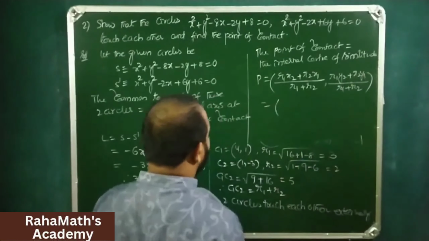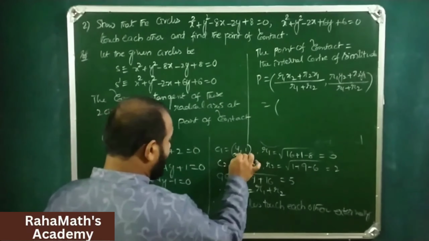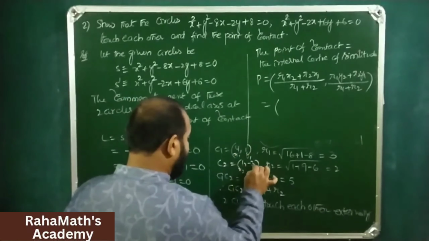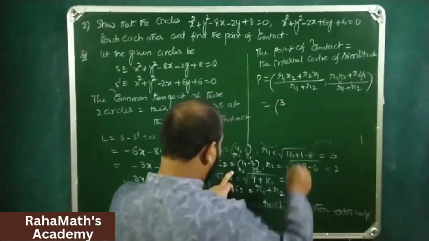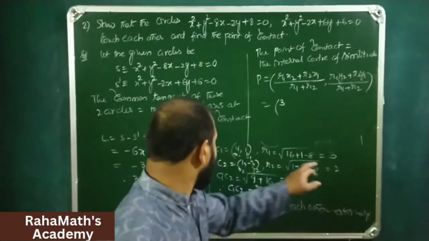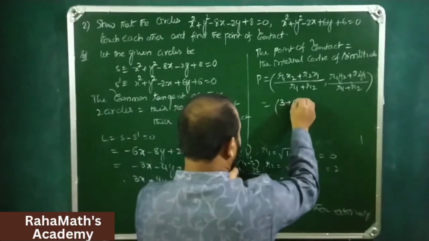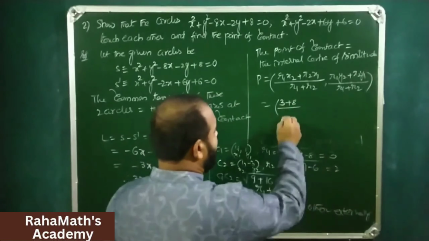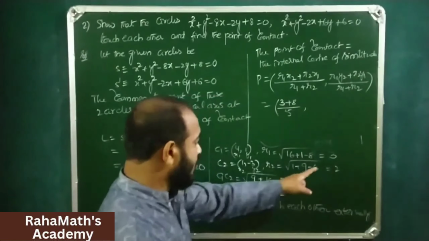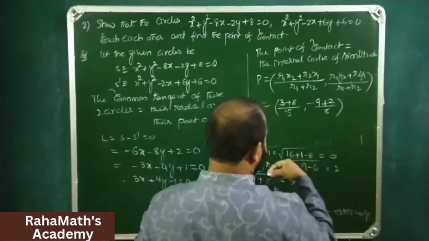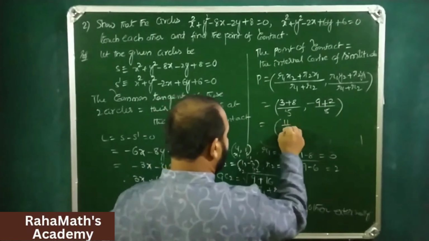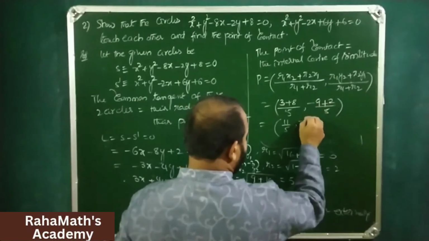Here x1, y1 is the first center and x2, y2 is the second. R1x2 is 3 into 1, 3, plus R2x1, 2 into 4, 8, by R1 plus R2, 3 plus 2, 5. R1y2 is 3 into minus 3, minus 9, plus R2y1, 2 into 1, 2, by R1 plus R2, 5. So this is 11 by 5 comma minus 7 by 5.